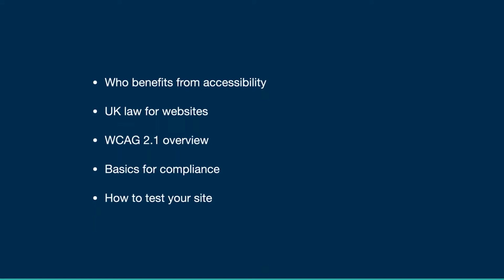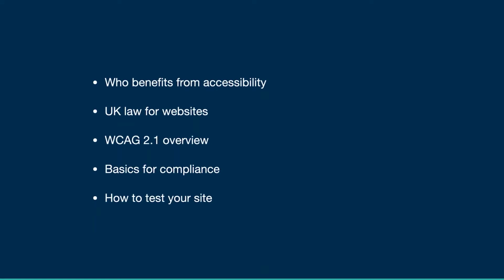Look at the basics for compliance, so checking out how you can make your sites accessible with the least work, and how to test your site, so how to audit your site and make sure it does actually come up to the standards set by WCAG 2.1.